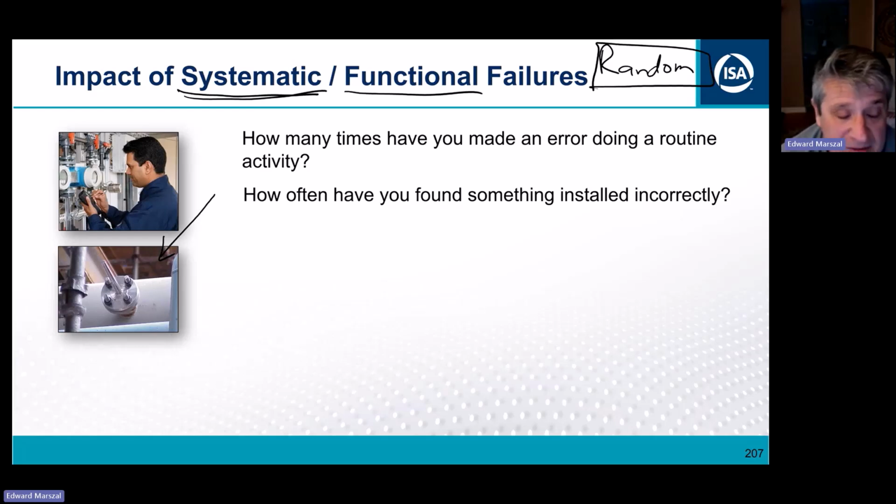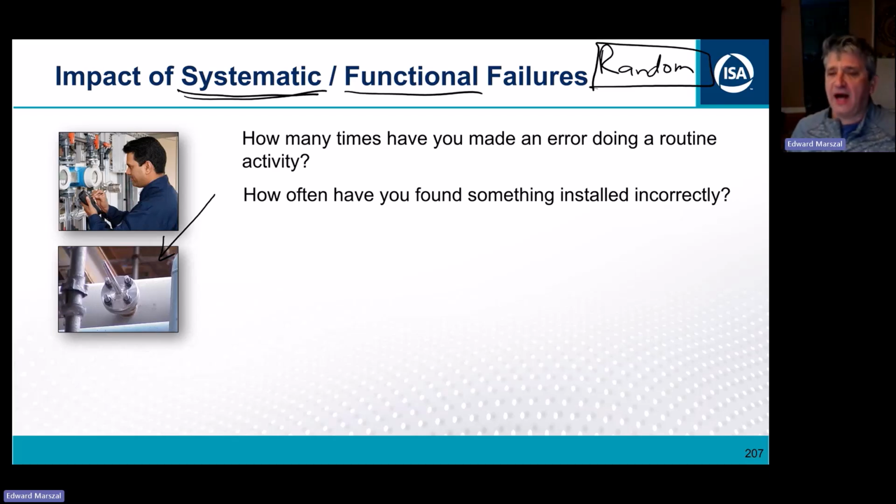So we kind of bolted this thing on backwards from how it should be bolted on. And again, I would say somebody did this on purpose just to take a picture, but people have told me, no, we have seen people actually make this mistake. So how often are things installed incorrectly? In my previous life at UOP and even at Conexus, I've assisted in commissioning. I've assisted in SATs.